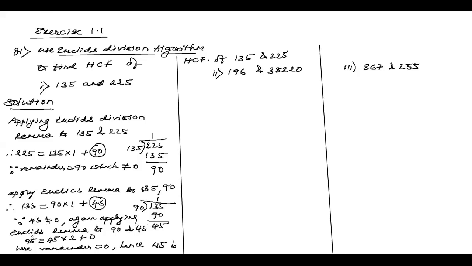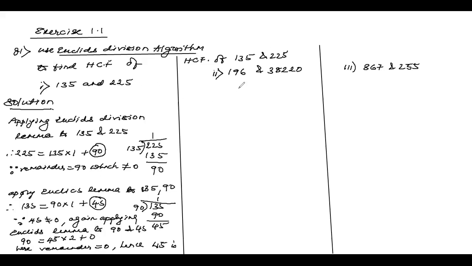So what do you get? 90 is equal to 45 into 2 plus 0. So here the remainder is 0. Hence 45 is HCF of 135 and 225.